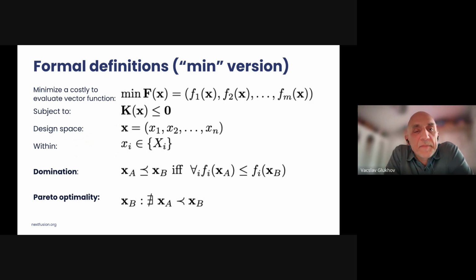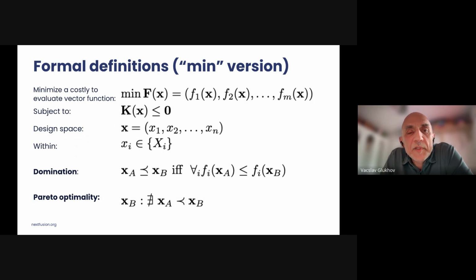We also have constraints. We also have our design space, which is a vector of axes. Each design dimension is represented by a range if it's a continuous variable, or it belongs to a certain discrete set of variables.